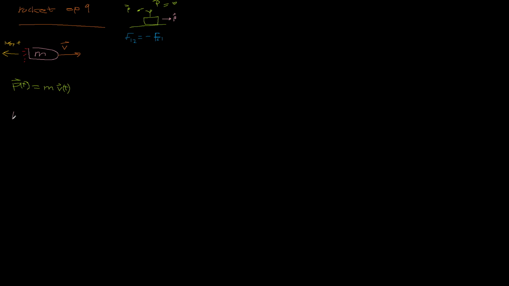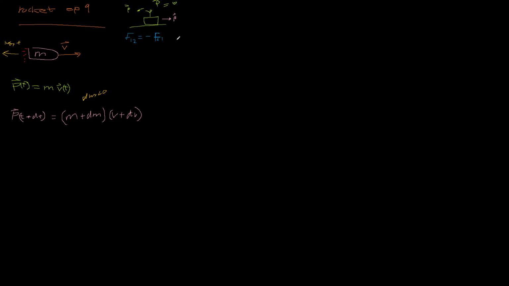The momentum at time t plus dt: our mass is changing, and here dm is less than 0. And our velocity is changing as well. So it's some change in our mass, some change in our velocity.